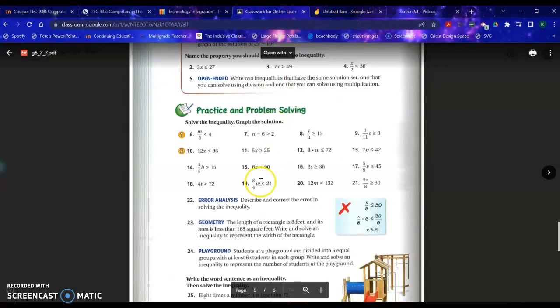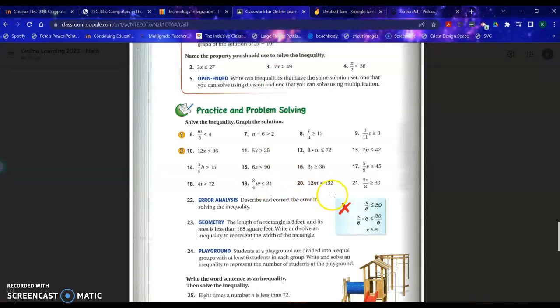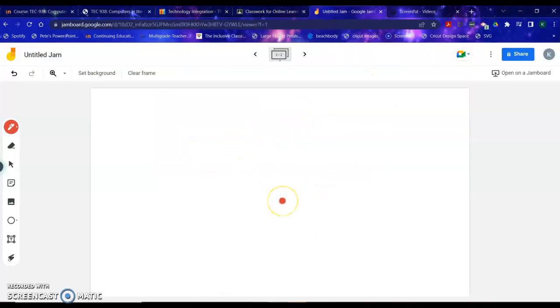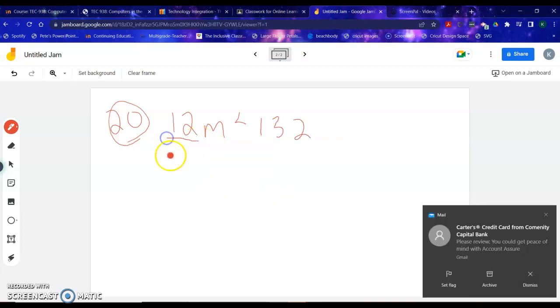Okay, and we're almost done. We're going to take a look now at number 20. Number 20 is 12m is less than 132. So again, we're going to write that up here. You're going to divide both sides by 12.